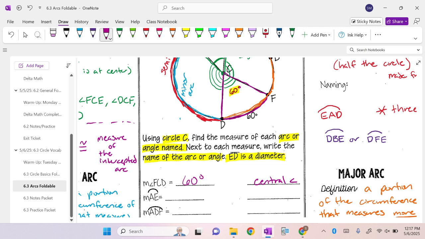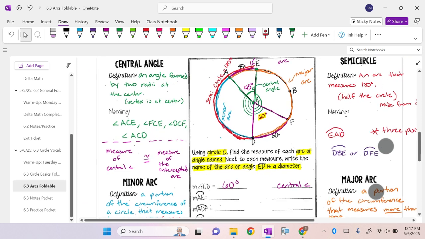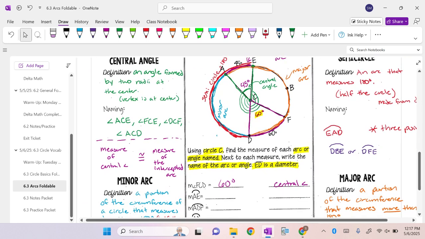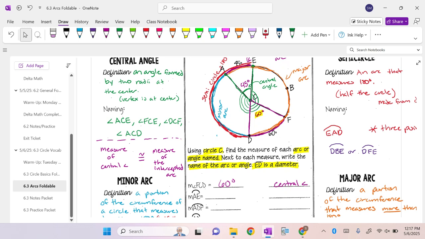Now it wants us to know the measure of AE. Am I talking about an arc or an angle here? An arc. Major or minor? Minor. How do we know it's minor? It's small. It doesn't go all the way around the circle.